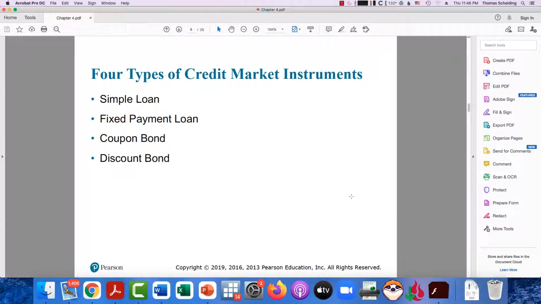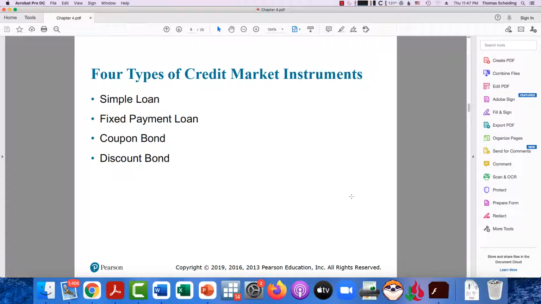Coupon bonds are not out there that much anymore. A coupon bond is basically a physical bond that has tearaway strips on it, coupons on it, and those can be redeemed for semi-annual interest payments. Then we have discount bonds, and we do see those quite a bit.